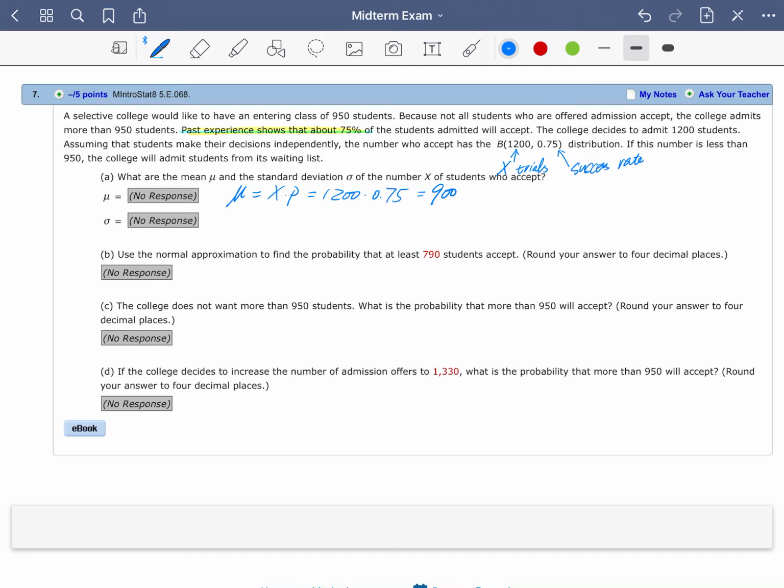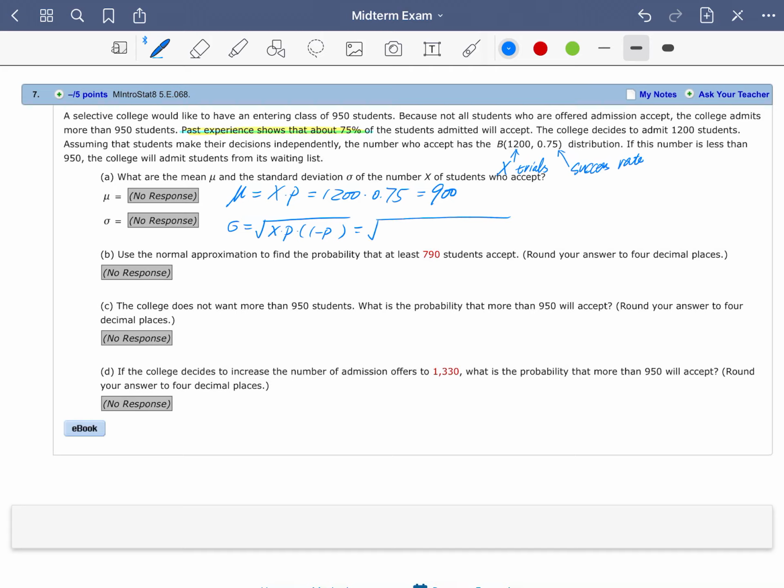So I find the mean, and now the standard deviation, which is given as the number of trials times the success rate times the fail rate, right?